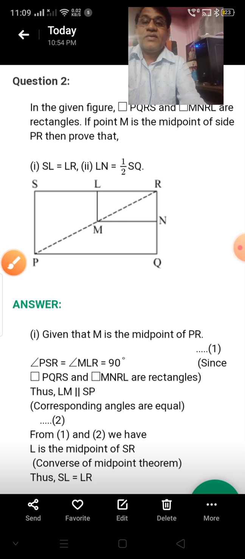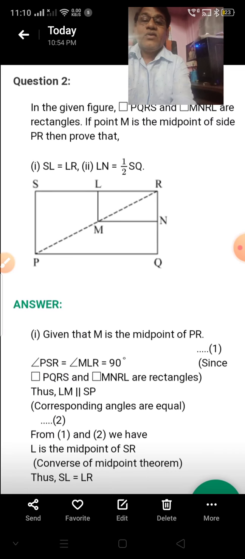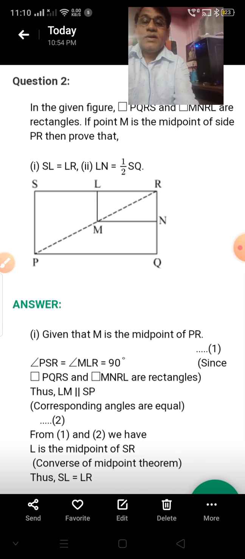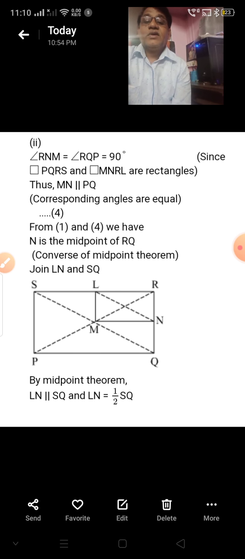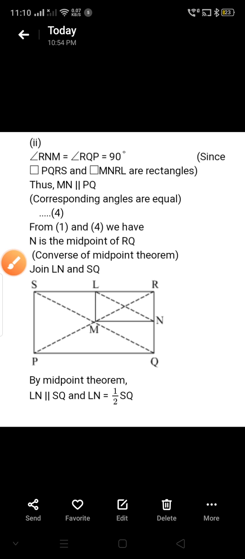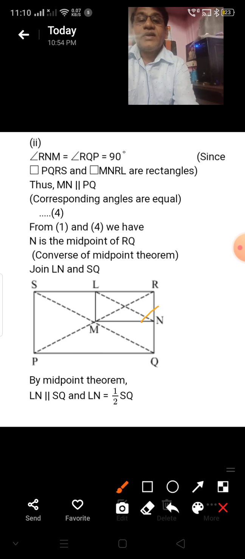Now come to the next. Next you have to prove that LN is equal to half of SQ. Second, angle RNM. Now see, MNRL is a rectangle, so this angle RNM is also 90, right? Therefore, in rectangles PQRS and MNRL, MN is equal to PQ. These two lines are parallel. This line and this line are parallel, right?